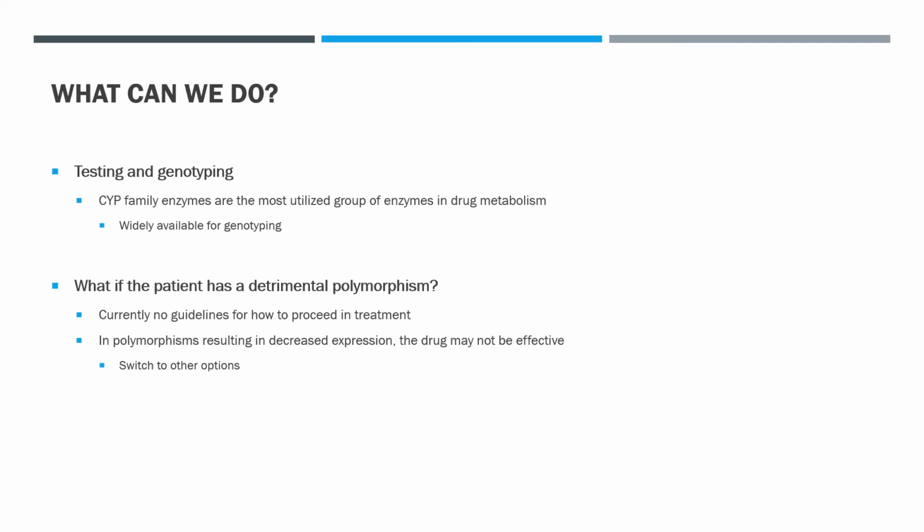So knowing all that, what do we do if someone actually has a detrimental polymorphism of this gene? There aren't really any guidelines currently on how to proceed with this. No one has come out and said, hey, if someone has this polymorphism in CYP2B6, we need to stop using this drug with them.